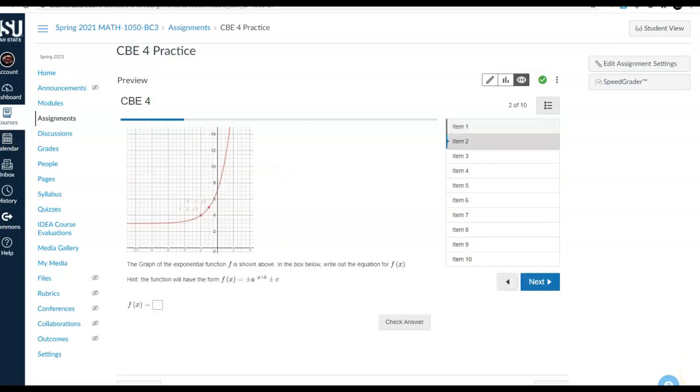So my next one here, I'm looking at my function here. This one's honestly not too bad, I don't think. So if I look at this bottom point here, it's the point that should have gone through 0, 1, which has been shifted left 2 and up 3. Okay?